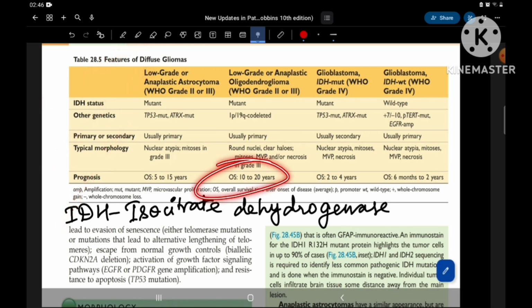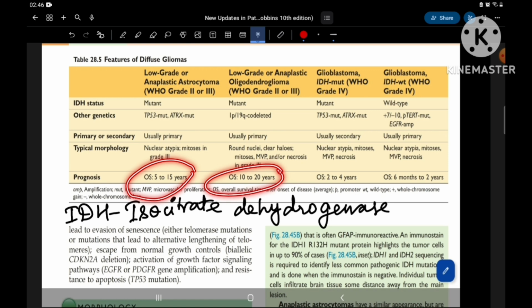See, from 10 to 20 years, from 5 to 15 years, the survival suddenly moves to 2 to 4 years. From 10 to 20 years, at least minimum, averagely 15 years, right? Maximum, which we can get. And from oligodendroglioma, maximum 20 years.